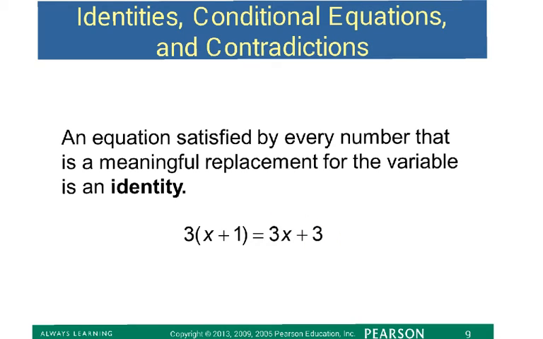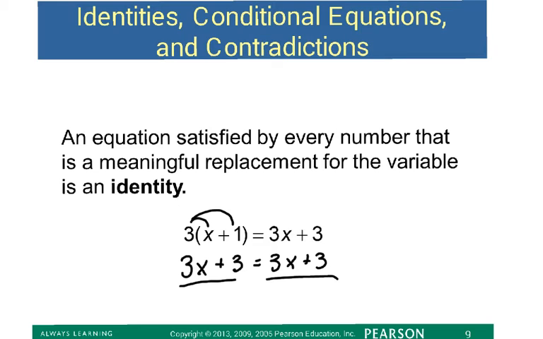And you can more easily see this if you distribute this 3 out right here. You'll see that if I distribute that 3, I end up with a 3x plus 3, which is the same thing as this side of the equation. So whenever you have the two sides completely identical, then you have an identity.